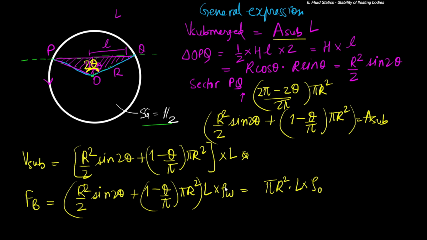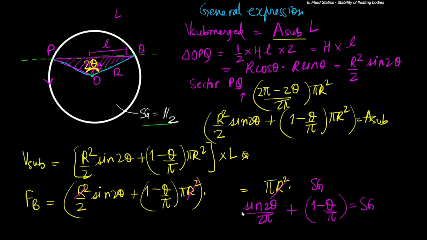Now rho water upon density of the object becomes the specific gravity, so I can write it down as Sg. L cancels out from both sides. Let us divide everything by r square, so r square cancels out, and let us divide everything by pi as well. So it becomes sin 2 theta by 2 pi plus 1 minus theta upon pi is equal to Sg.